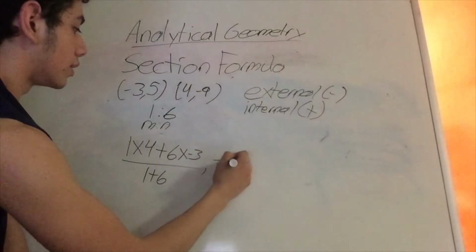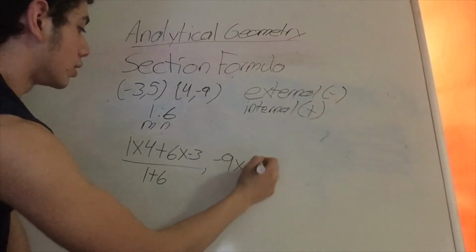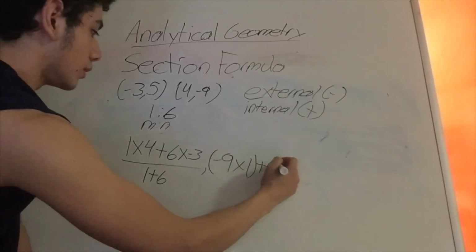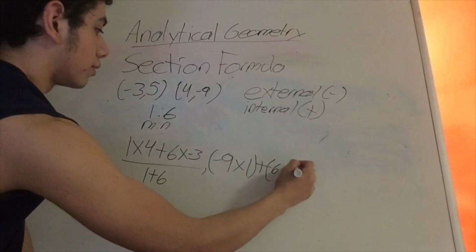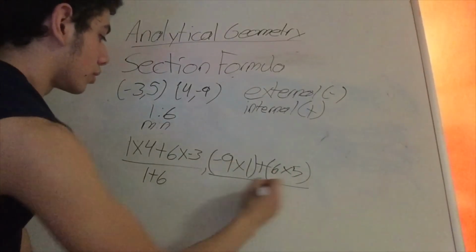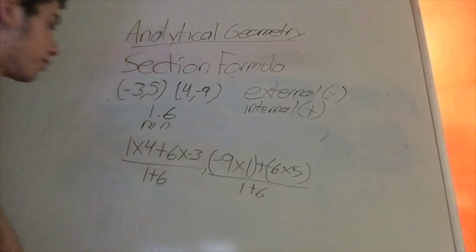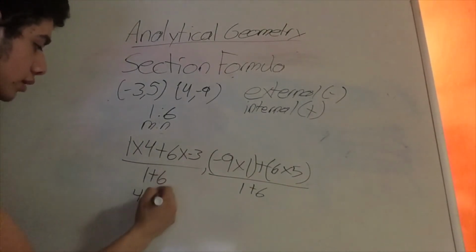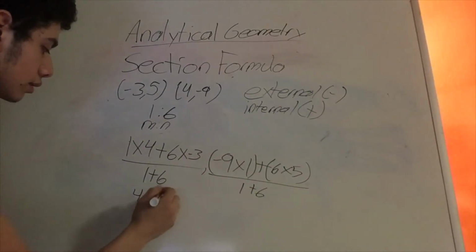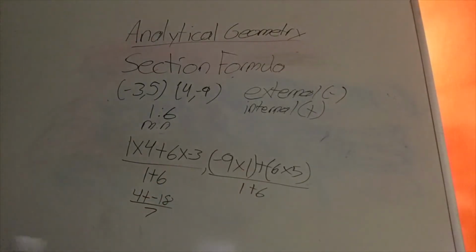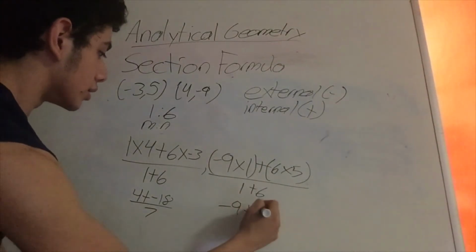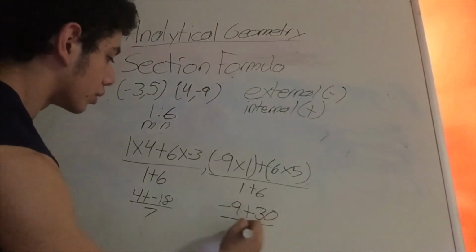So it'd be -9 times 1 plus, let me put this in parentheses, 6 times 5 over 1 plus 6. So 1 times 4 is 4, plus -18 over 7, and this would be -9 plus 30 over 7.